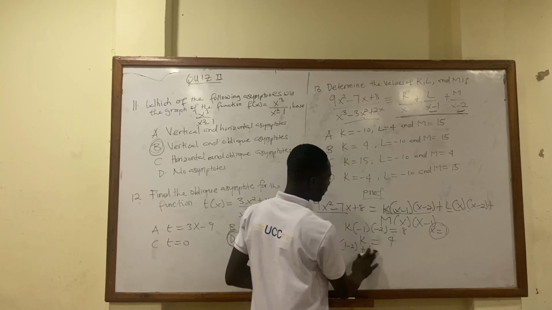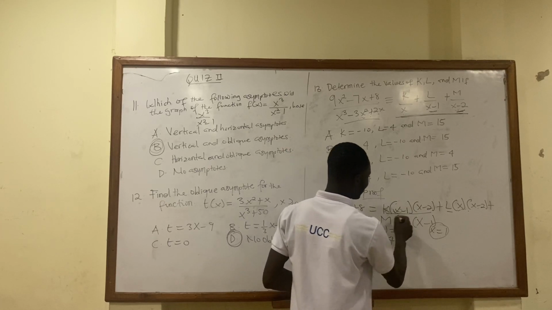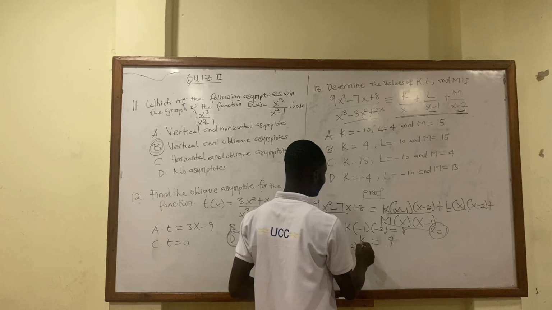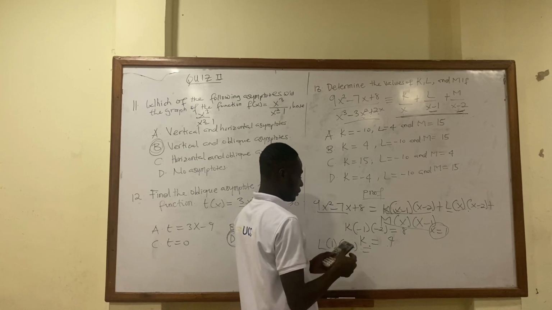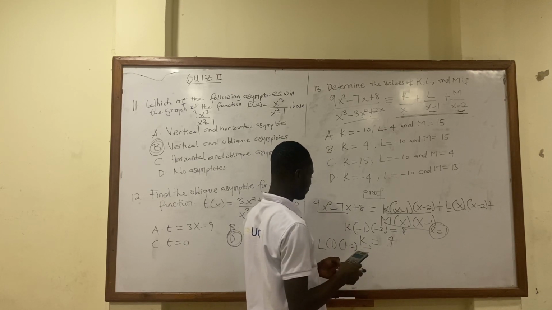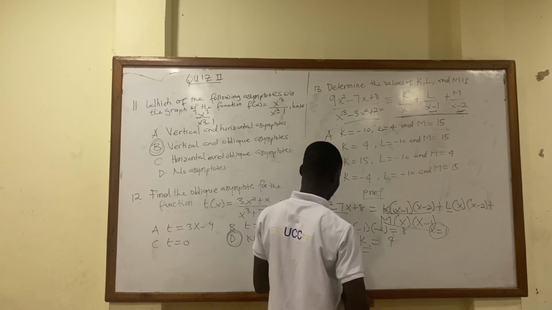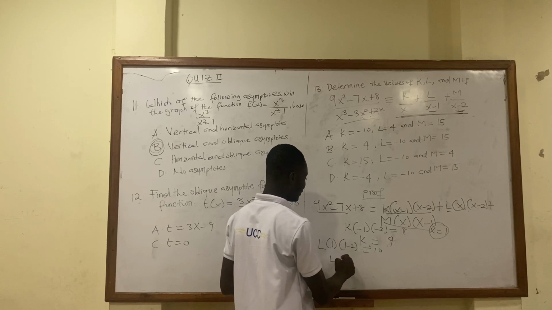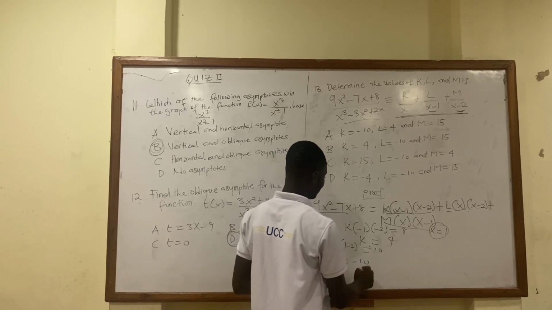If x is 1, this one goes to 0, so we only have the l part, and then we say that this is equal to 9 minus 7 plus 8, and that gives us 10. So we say that our l is equal to minus 10.